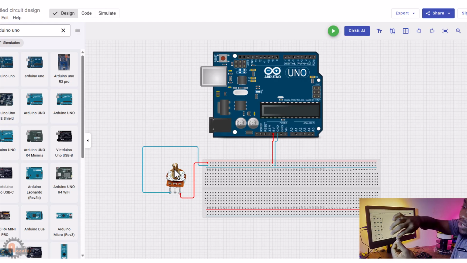But if I turn it all the way clockwise, I'm going to read 5 volts at the middle pin. If I'm very good and I'm able to balance the potentiometer somewhere in the middle, then I'm expecting 2.5 volts, which is half of 5 volts. Exactly that. So that is the job the potentiometer literally does.